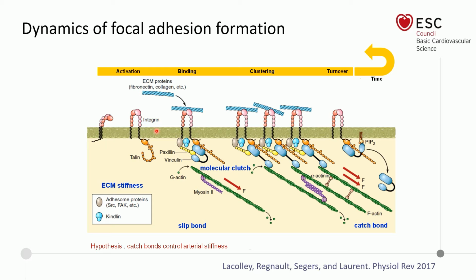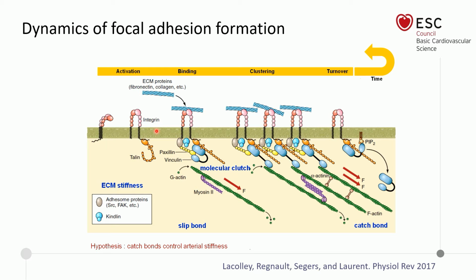In the presence of a low stiffness of extracellular matrix, the linkage between talin and actin is very low, and that produces a slip bond in mechanotransduction, and the lifetime is very short. In the presence of a very stiff extracellular matrix, there is a complete reorganization, and the linkage between talin, vinculin, and actin is very strong, and the lifetime is very long, more than a few minutes.